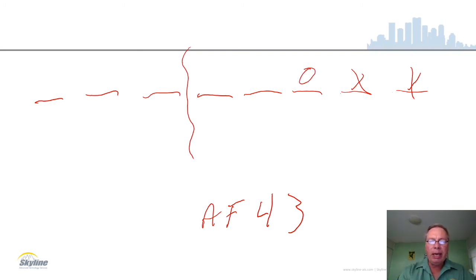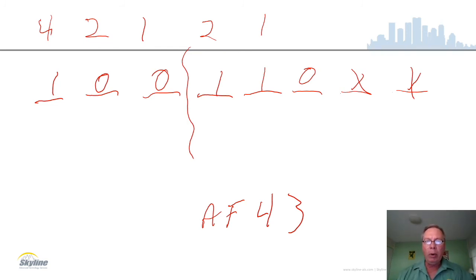So if that's the case, then we've got to be a 3 on the right side and the 4 on the left side. Right? So it's going to look like this. What does that equal if I didn't want to use an AF value and I just wanted to say DSCP something?